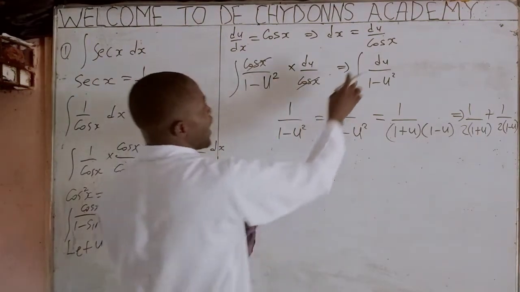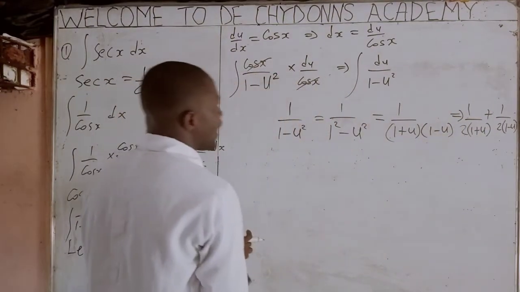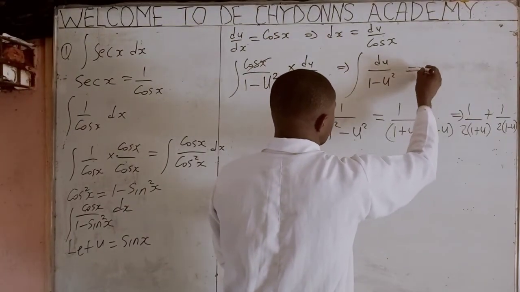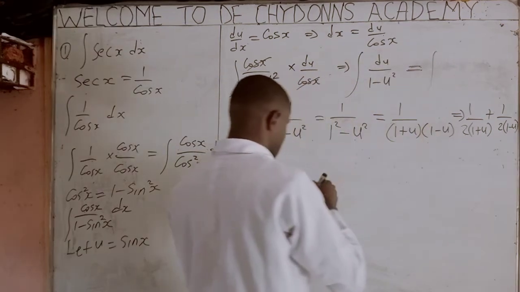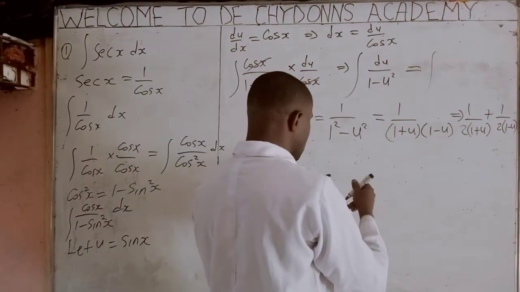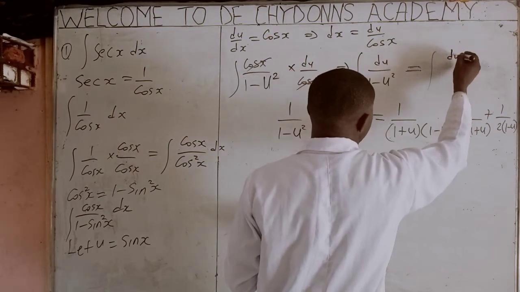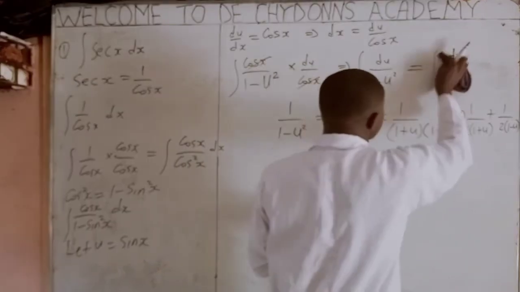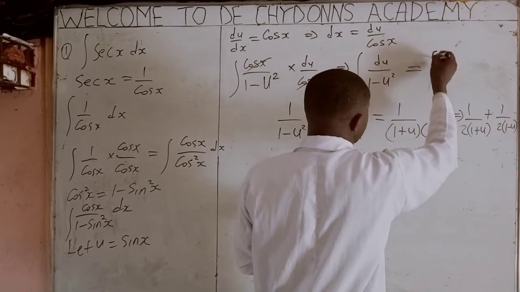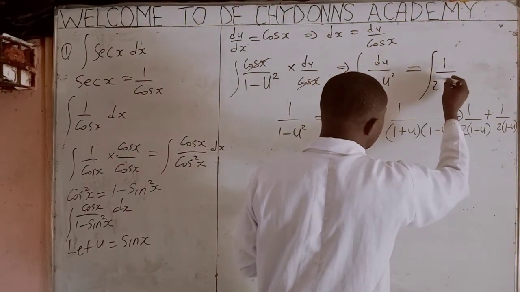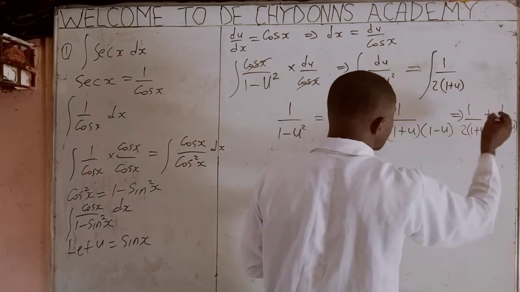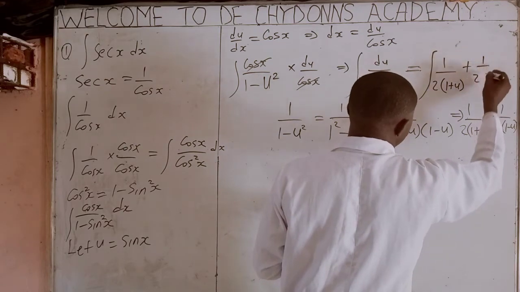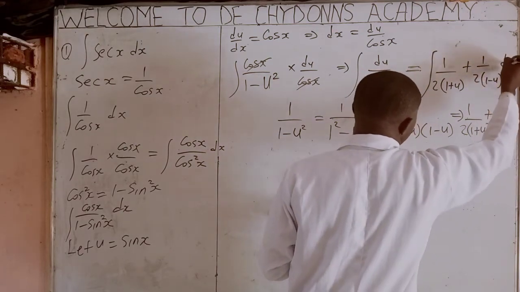Knowing that what we have here is equal to this, we now say this is equal to integrate du all over, 1 over 2(1 plus u) plus 1 over 2(1 minus u) du.